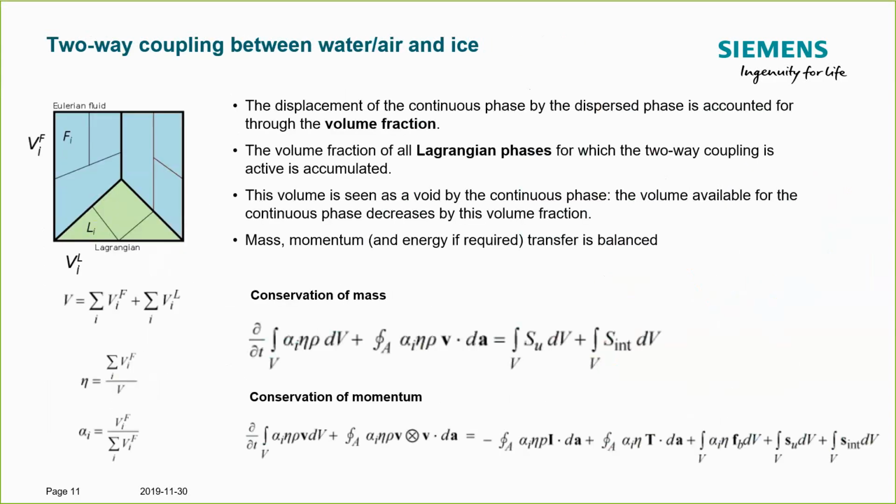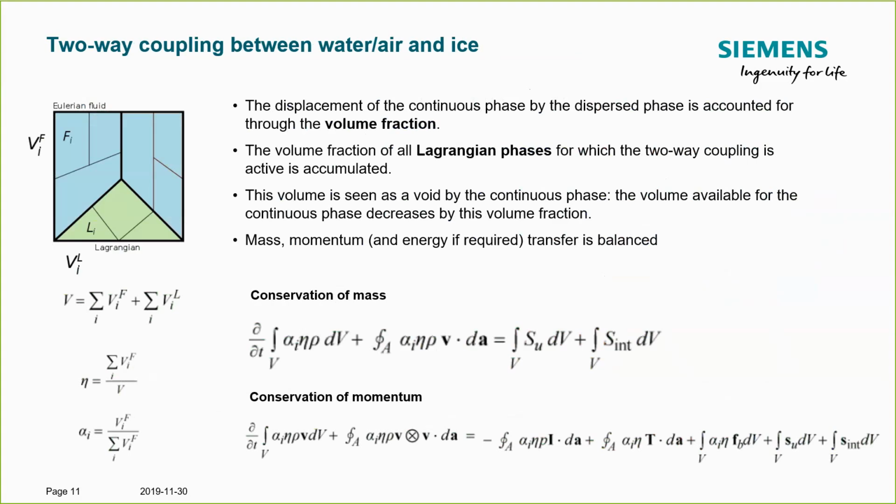So this was relevant for the contact forces. If we look at the coupling degree now between water and air and ice, then we'll eventually have to revisit the conservation equations regarding mass and momentum. What is important to consider here is that the displacement of the continuous phase by the dispersed phase is accounted for by way of the volume fraction. On the left-hand side, you can see how a volume fraction for a combined Eulerian and Lagrangian framework would be defined.